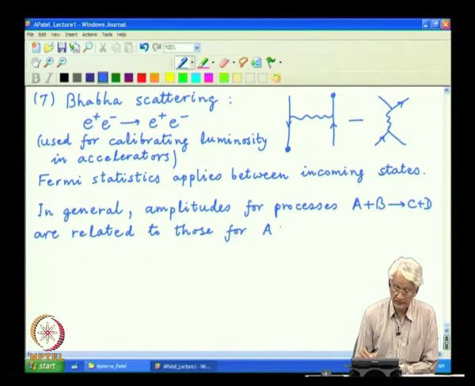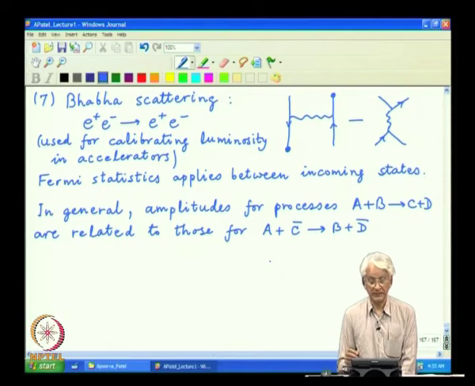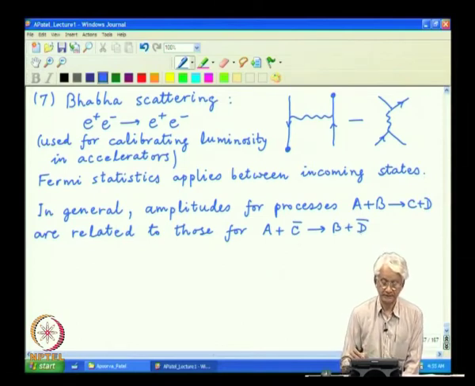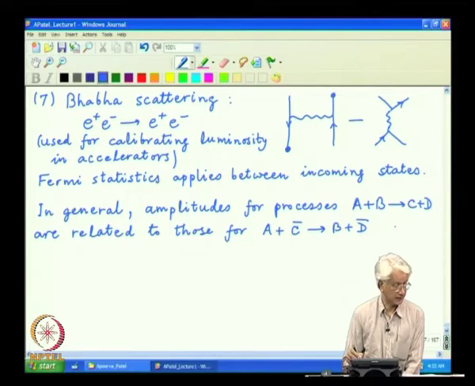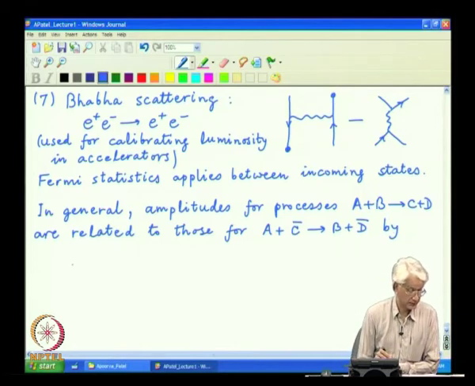One example of that kind of situation will be A plus C bar, where C bar is the antiparticle of C, going to B plus D bar, and the relation is known as crossing symmetry.